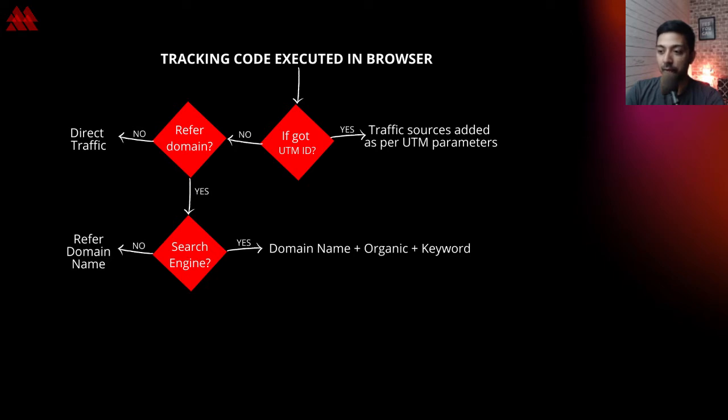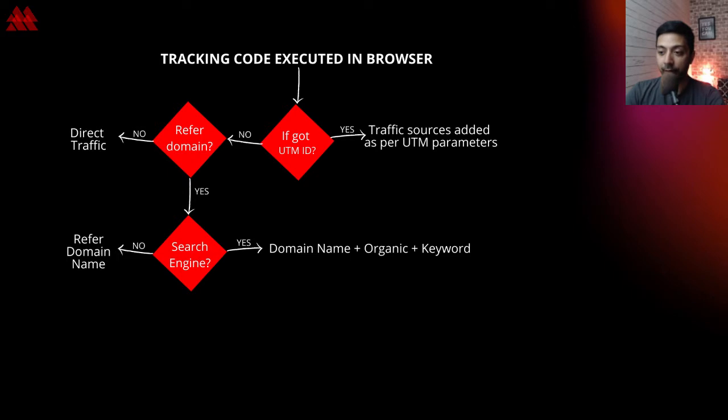The first question it asks is, does the URL which is opening in the browser have any UTM ID? If the answer is yes, then everything will be used as per the UTM parameters that we just saw in the last session, how UTM parameters work and how different parameters in UTM are captured in different ways.